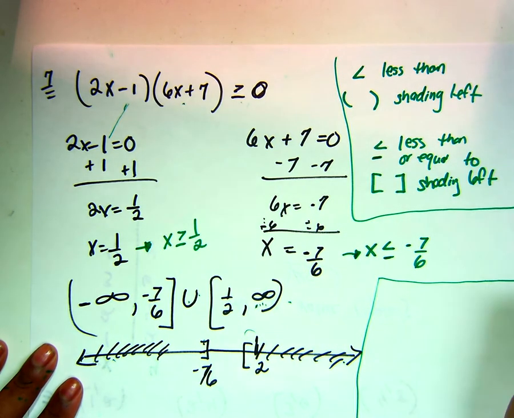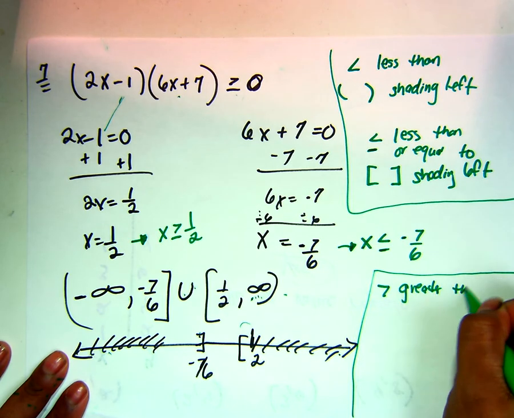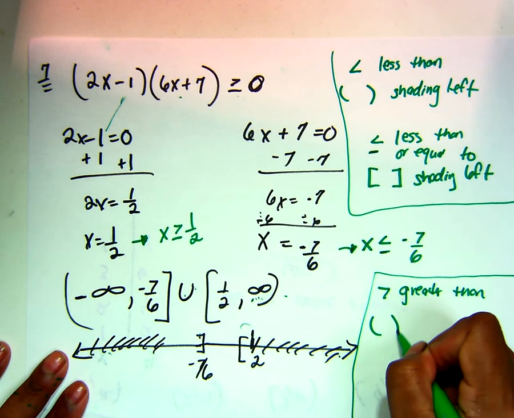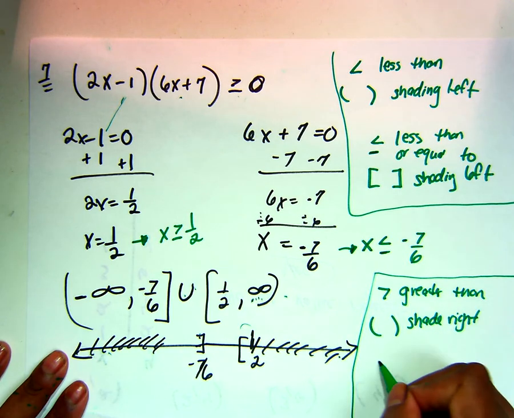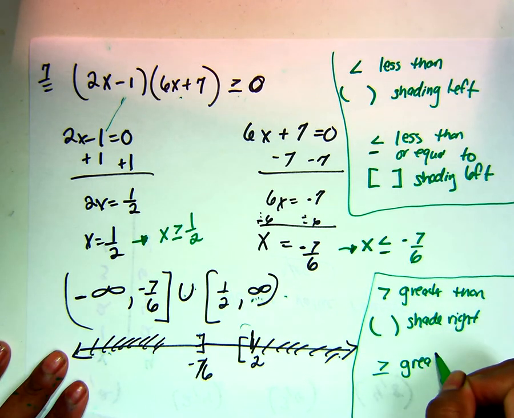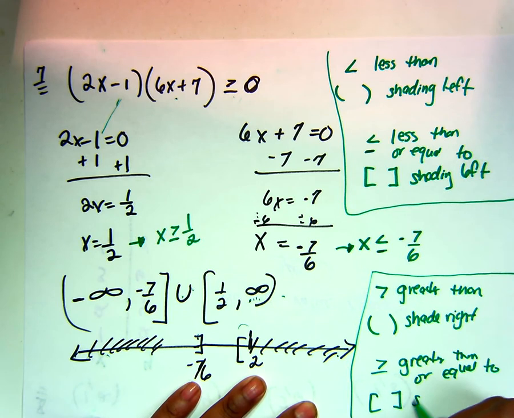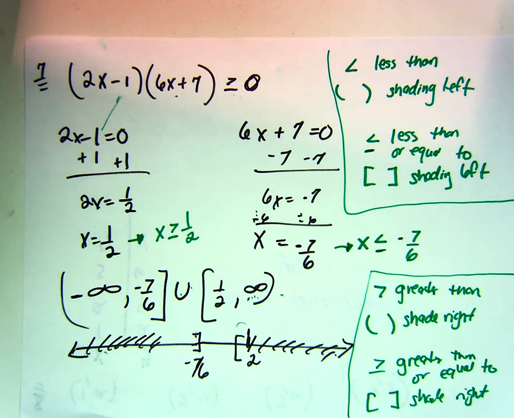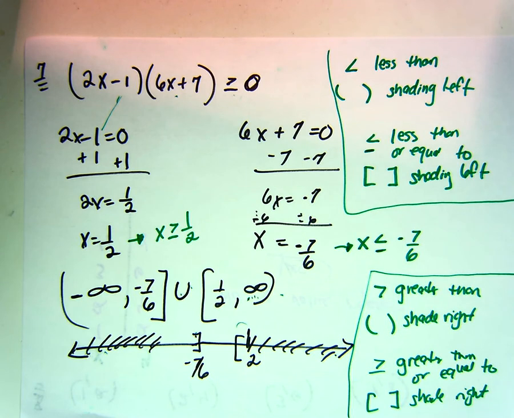That means for the greater thans, and this is just a quick refresher, you're still going to use parentheses, shade to the right now, but if it's greater than or equal to, and my penmanship is not the best, still going to shade right. So if it's a less than or less than or equal to, you're going to shade left, greater than or greater than or equal to, shade right. Include the brackets when it has half of the equal sign. So that was just a quick refresher.